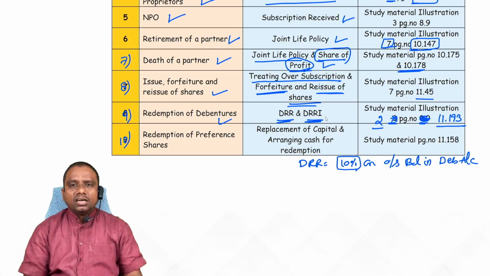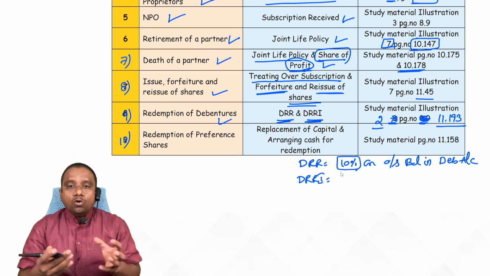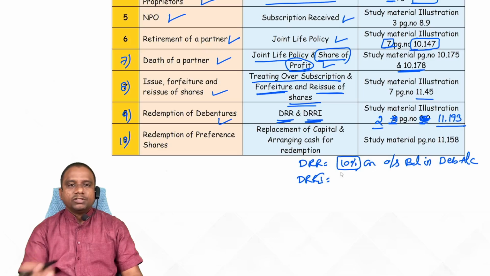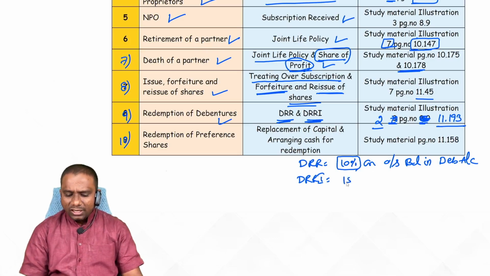Next one, DRRI. When it comes to DRRI, how much amount we have to invest in the investments specified by Companies Act? So 15% of the amount to be redeemed.